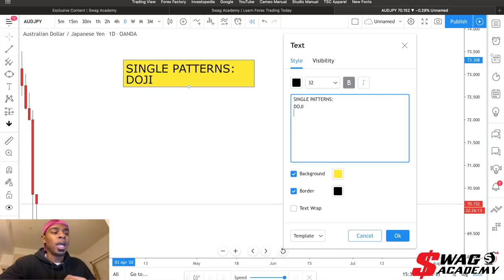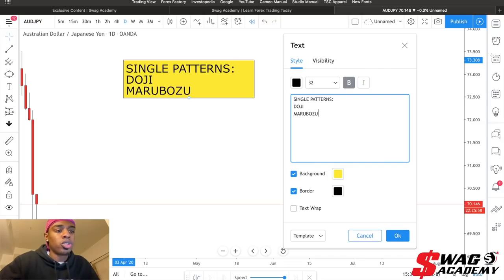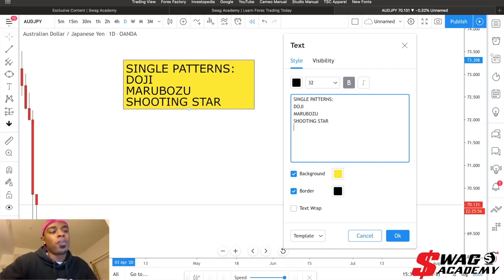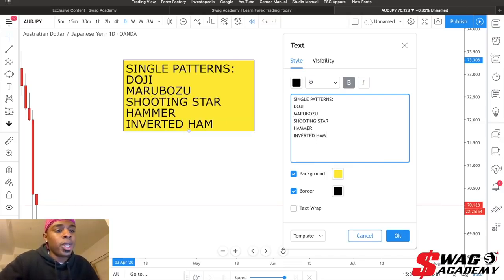And like I said, I'm not gonna get into actual details, but that's in my course on swagacademy.com, with detailed explanations of all of it and putting it all together. I'm just giving you guys a little bit of the keys, you know what I'm saying? So single patterns, which means just one candlestick: doji, marubozu, shooting star, hammer, inverted hammer.